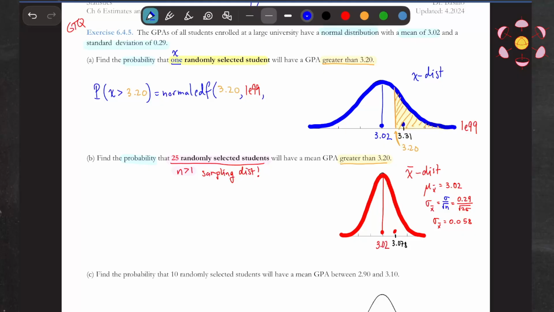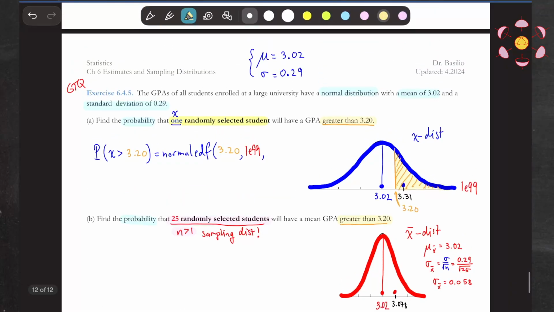Because we're doing this with the original distribution, I am going to use the original mean and the original standard deviation in these calculations. So I'm going to put 3.02 for the mean and 0.29 for the standard deviation. Okay, so that's the original mean, original standard deviation, and we've got our lower and our upper values. Okay, let's calculate this.